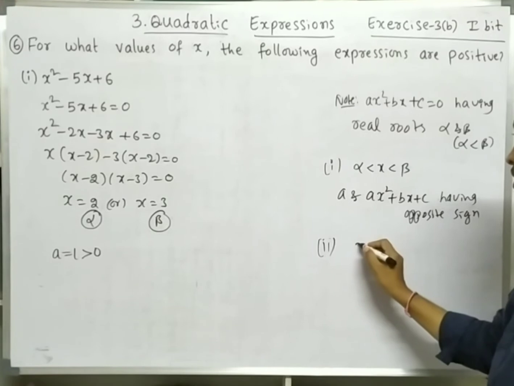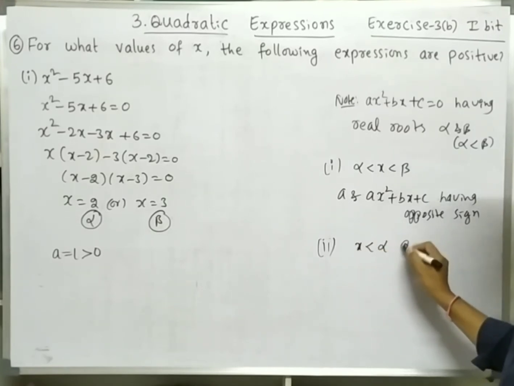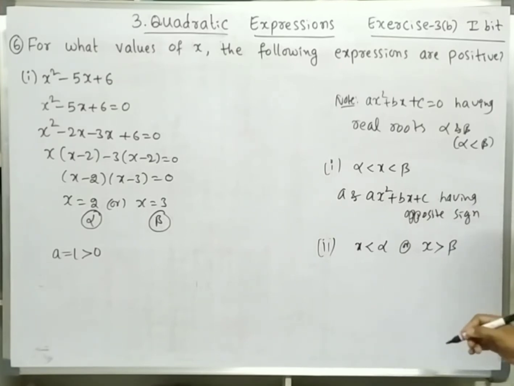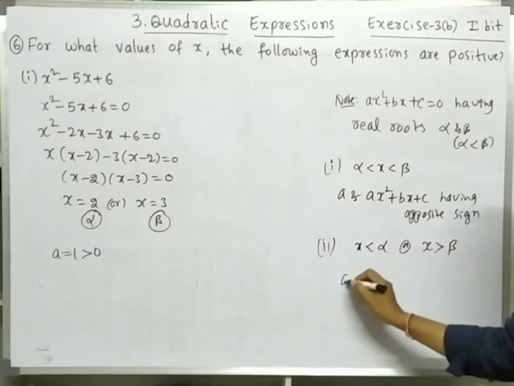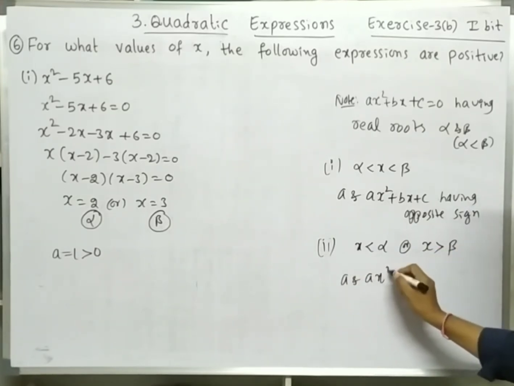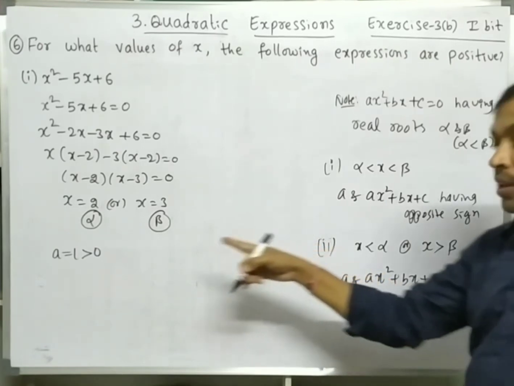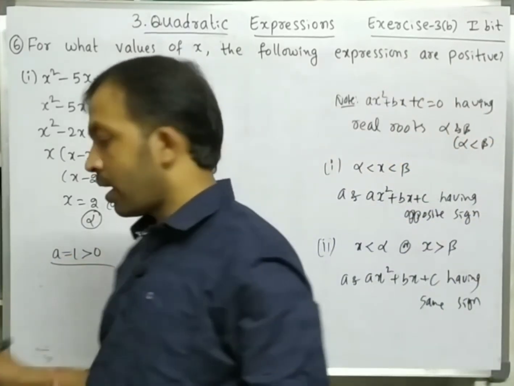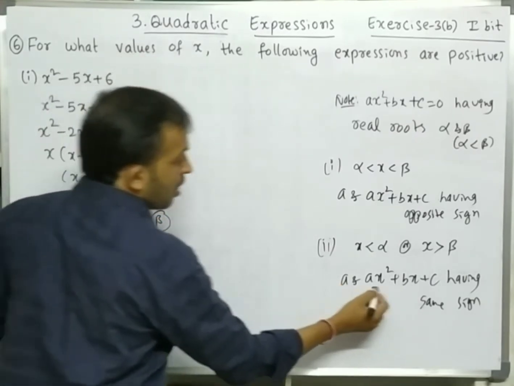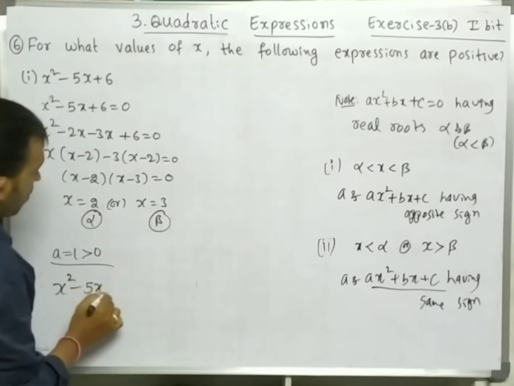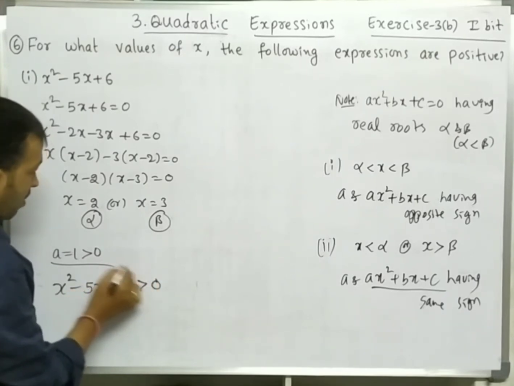So if x is less than alpha or x is greater than beta, in this case a and ax square plus bx plus c have the same sign. That means here a has positive sign, then x square minus 5x plus 6 also has positive sign.